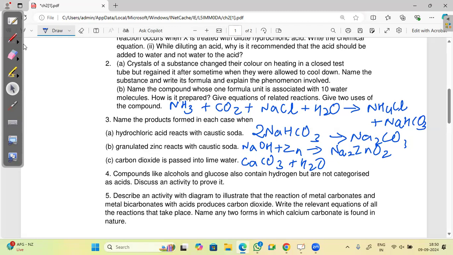Now this one: compounds like alcohol and glucose also contain hydrogen but are not categorized as acids. So discuss an activity to prove it.